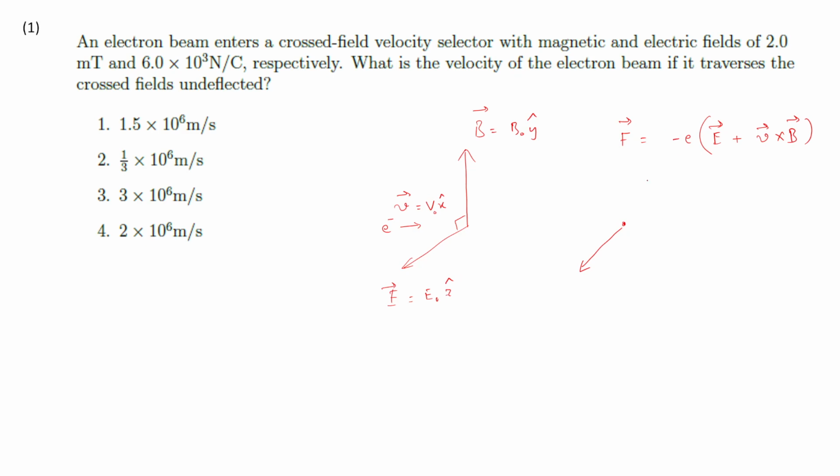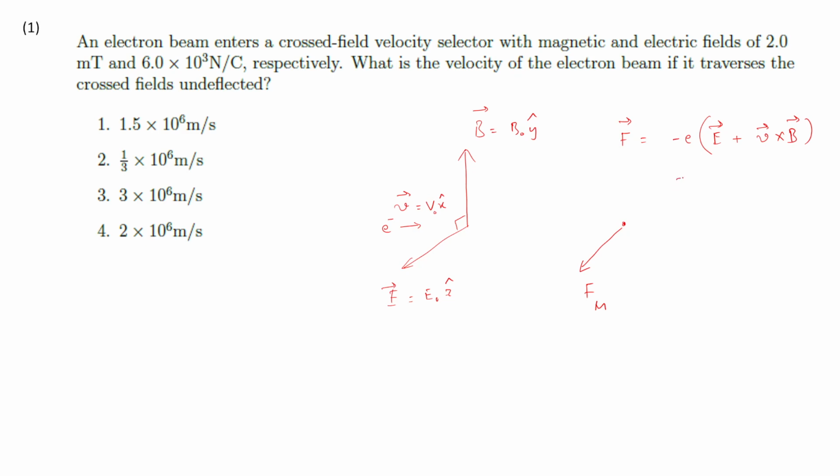So if you just put this in, you will see that in this direction you get the force due to the magnetic field. The force due to the magnetic field is just q v cross B, so v cross B will be what? v naught x cap cross B naught y cap. So x cross y is z cap, and so let us see.